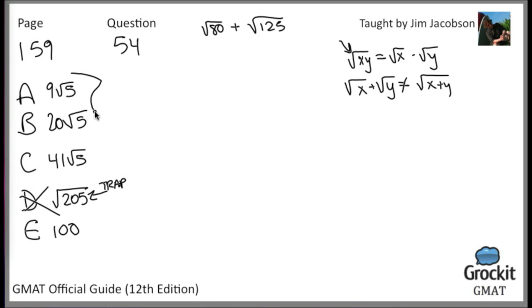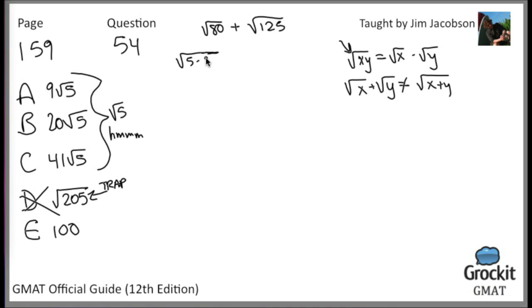All of these have a square root of 5 in them. That's a thinker. So let's actually divide both 80 and 125 by 5. So the square root of 80 is the same thing as 5 times something. Come on, give me the dot. There we go.